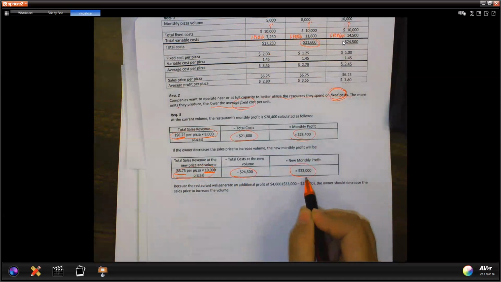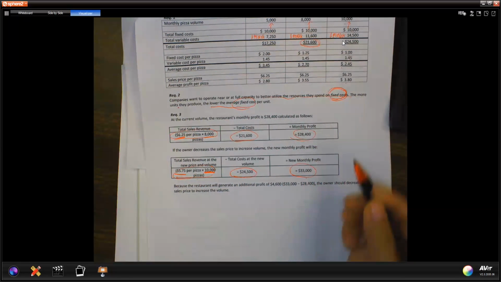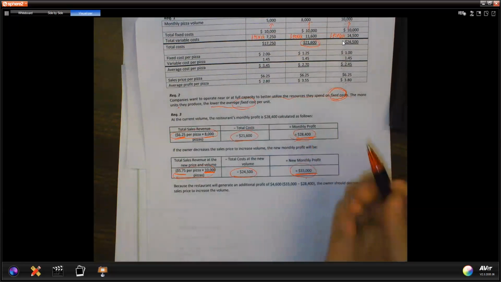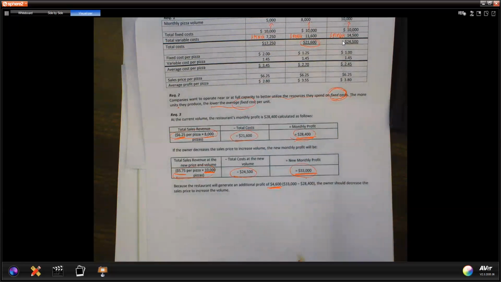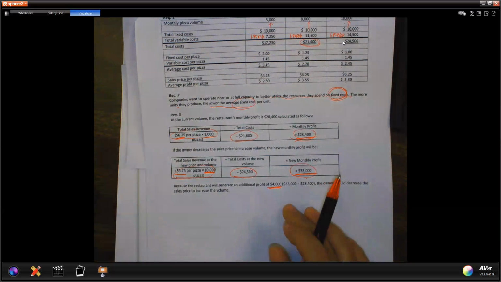Then your new profit will be 33,000. So you can find out your new profit is more than your old profit. That's the reason some companies drop the price to get more units. Overall, they still earn more money. As I say, we talk more in a future chapter, but this gives you some idea.